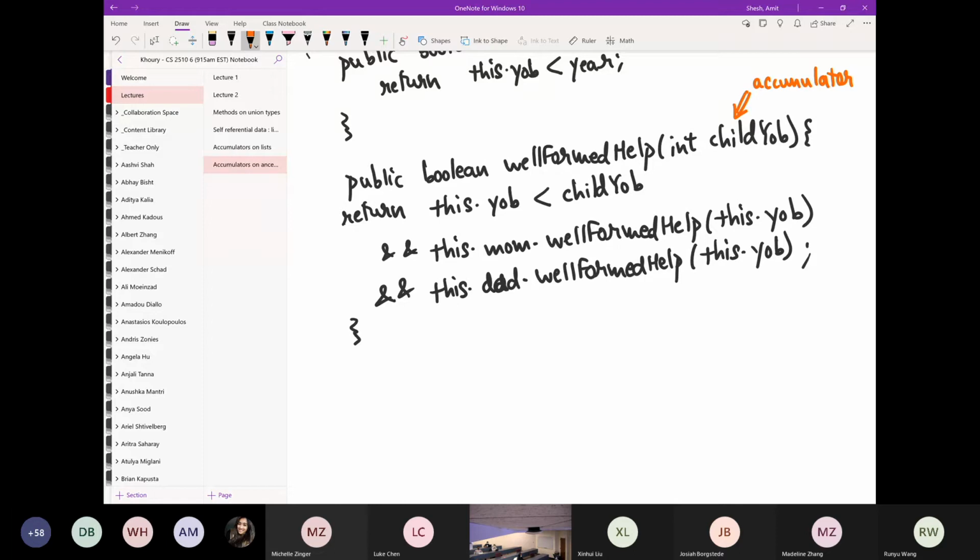And that's why you go down the tree in lockstep, where you hold on to something one step before you. But that's an accumulator. Remember I said the accumulator is either something that is what you're looking for, or in this case, something based on what you have already seen that is going to help you get what you want. Okay? So this is a slightly different flavor of an accumulator that we have.